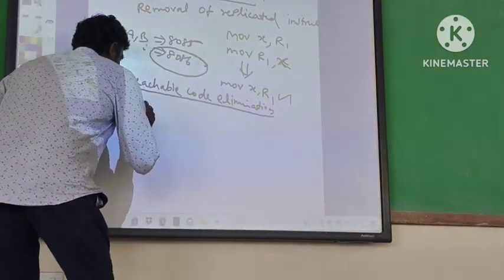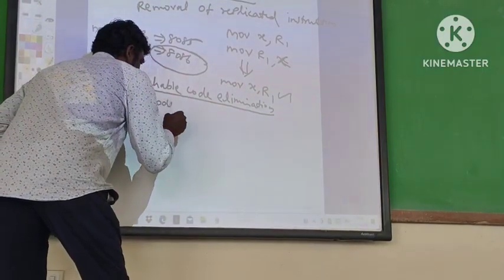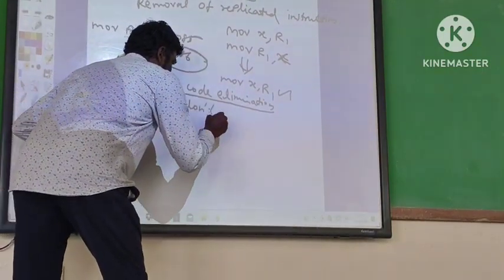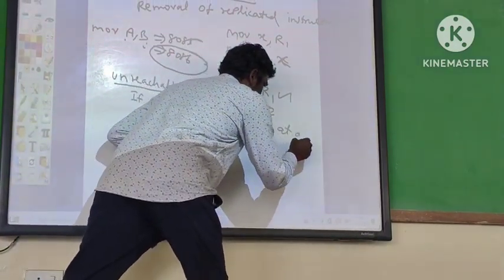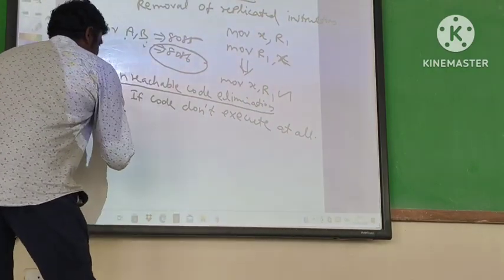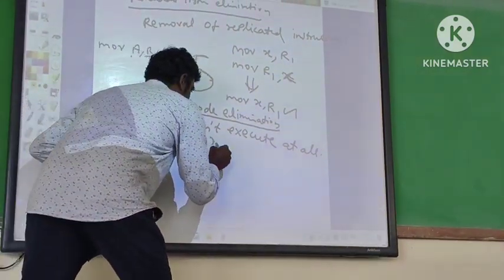Listen here. If code does not execute at all, then it is called unreachable code.